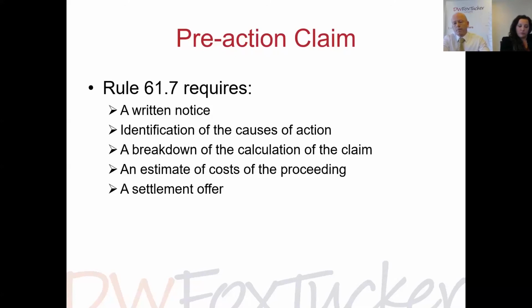I referred previously to the extra time that it would take. There's a small trade-off, I guess, in the sense that the first step that used to be taken in a proceeding was a settlement conference. That's no longer. And the rationale for that being that the court is entitled to assume that the parties have already engaged in that settlement conference dynamic to see if the matters can be resolved.